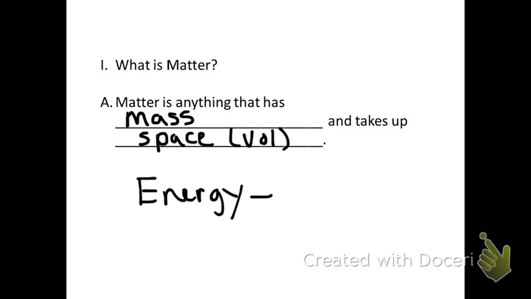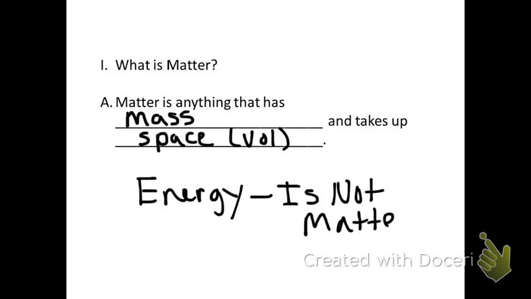So therefore, energy is not matter. And in fact, in chemistry, the two things that we spend our time studying are matter and energy, and how matter and energy interact and relate to each other. And you'll see this throughout the course of the year. Alright, so there's our class definition of matter.